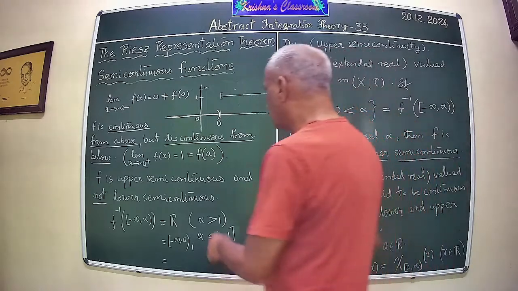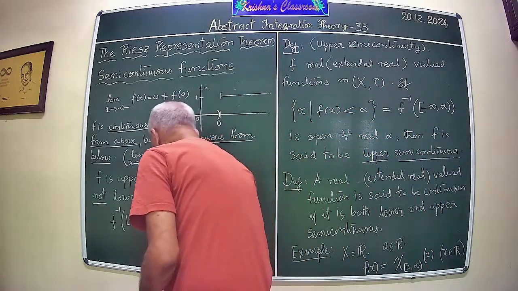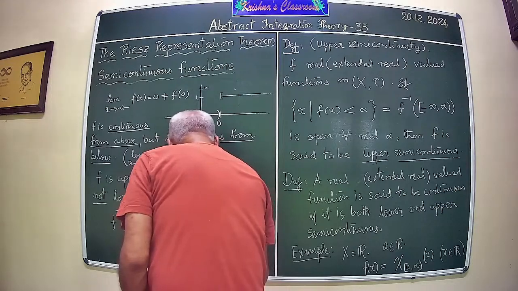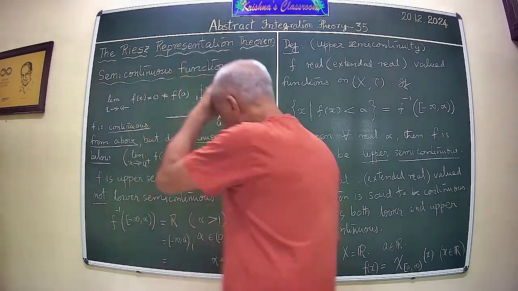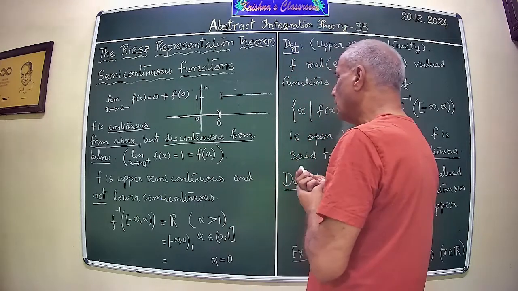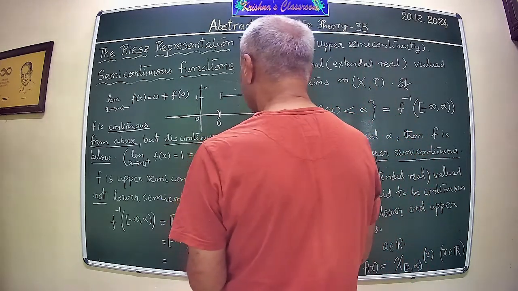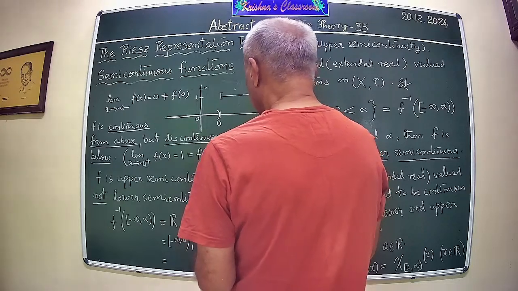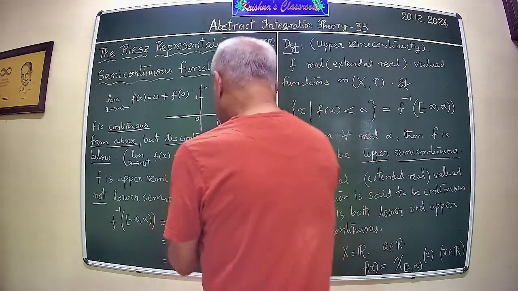Now what happens to this if alpha is equal to 0? If alpha is equal to 0, then you get again the same set.